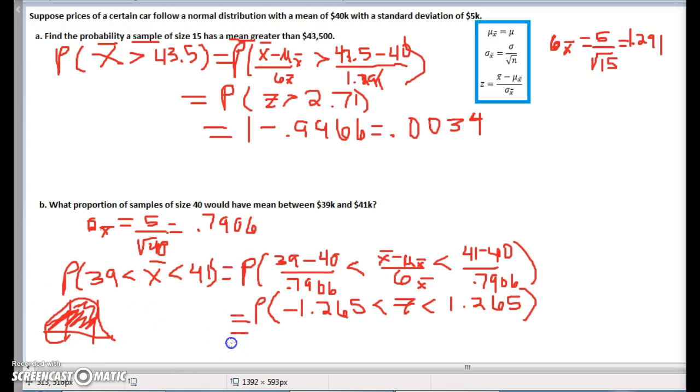So what we have to find is the probability that z is less than 1.26, minus the probability that z is less than negative 1.26.